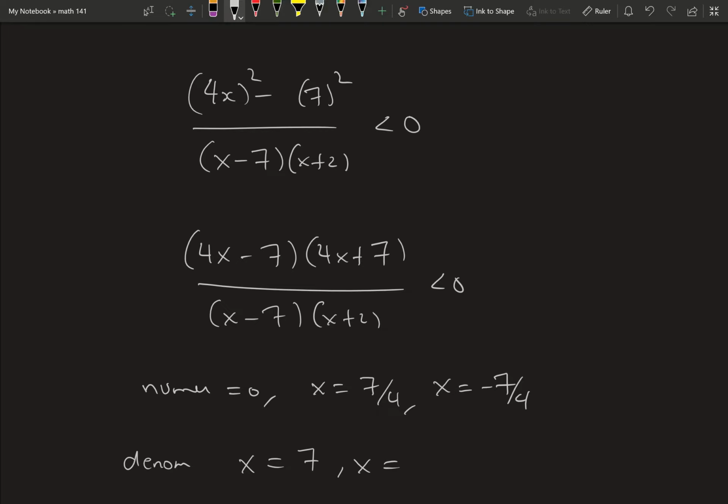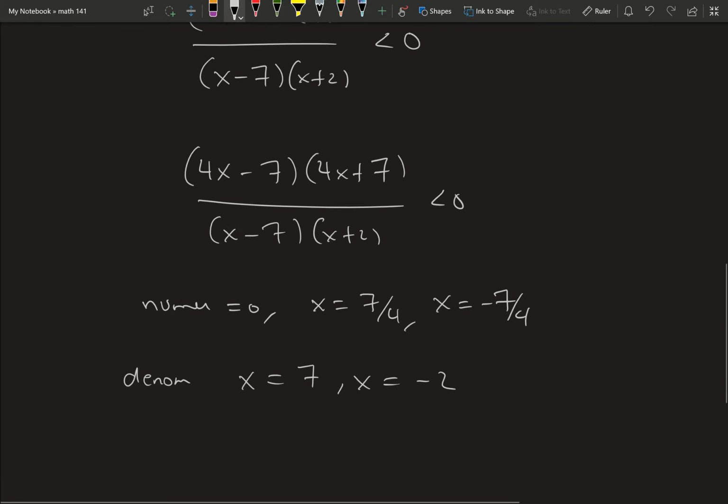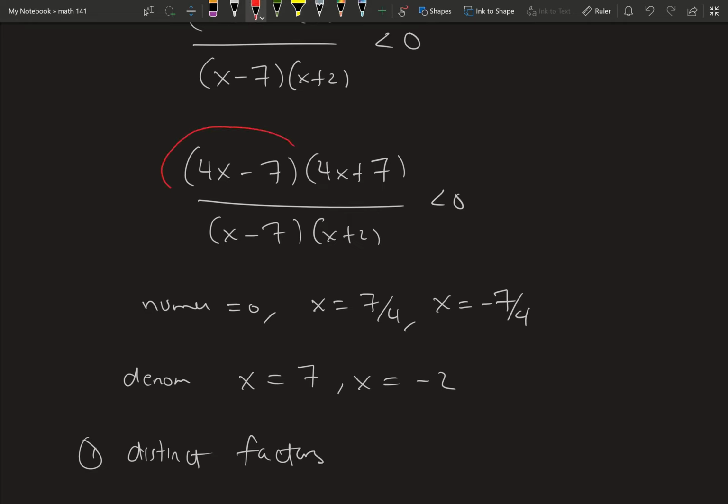Now what I'm going to do here is tell you a little shortcut to this procedure. This works whenever you have distinct factors. So what do I mean by distinct factors? The first thing to note in this problem is we have distinct factors, which means we have a single copy of 4x minus 7, which is different from 4x plus 7, which is different from x minus 7, which is different from x plus 2.